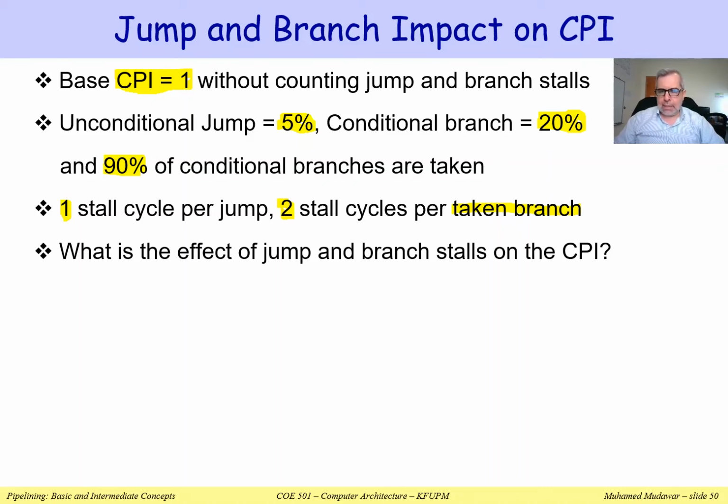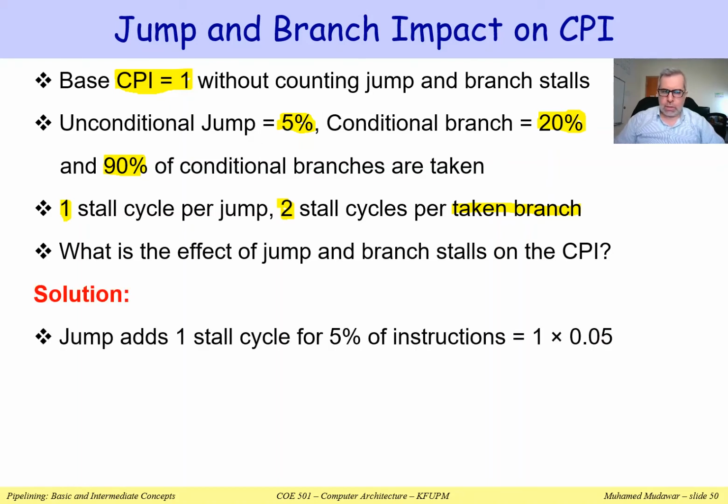Well, the answer is simple. Every time we have a jump instruction, we waste 1 clock cycle. So therefore, we are going to add 1 stall cycle for 5% of the instructions. So we multiply 1 cycle here by 0.05. In the case of a branch, we only add 2 cycles because we have 2 stall cycles when the branch is taken.